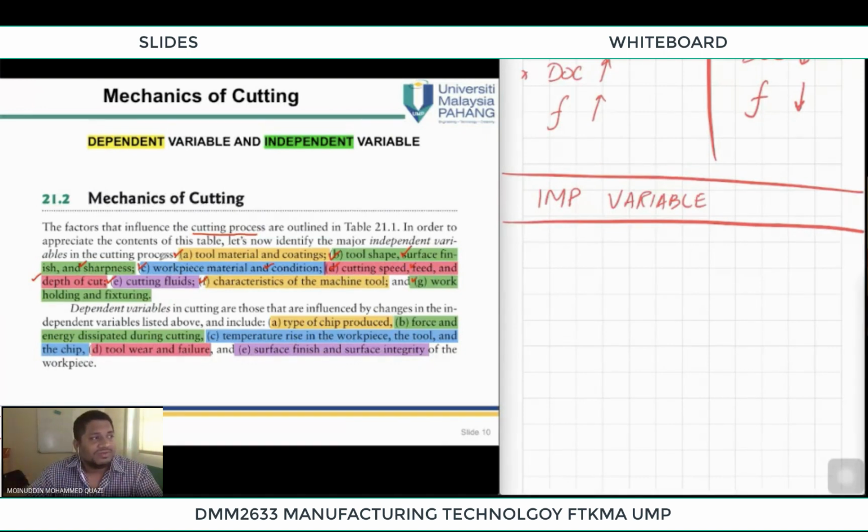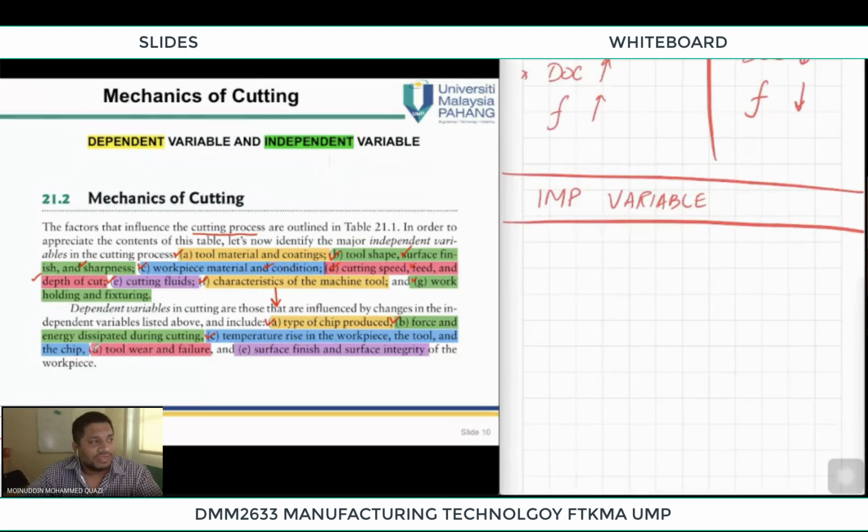So these processing conditions affect the type of chips produced. Whether the chips are continuous, or very, very small, or serrated, with some segments in between them. Then the force which is dissipated, and the temperature rise. So these things control how much the temperature is going to increase.